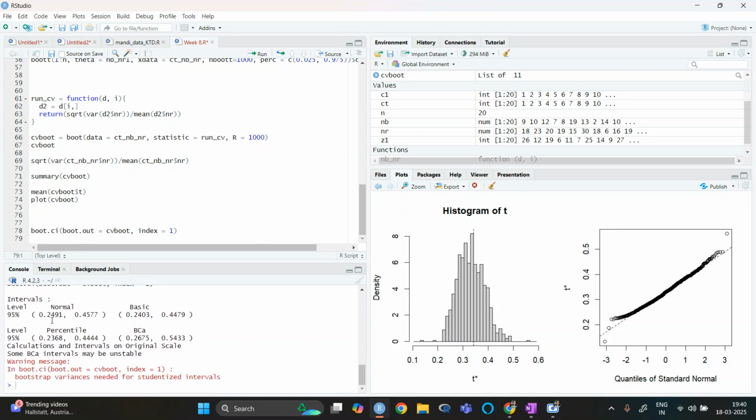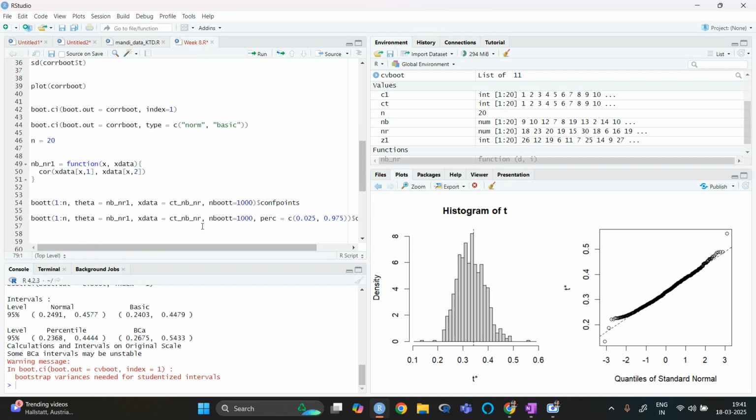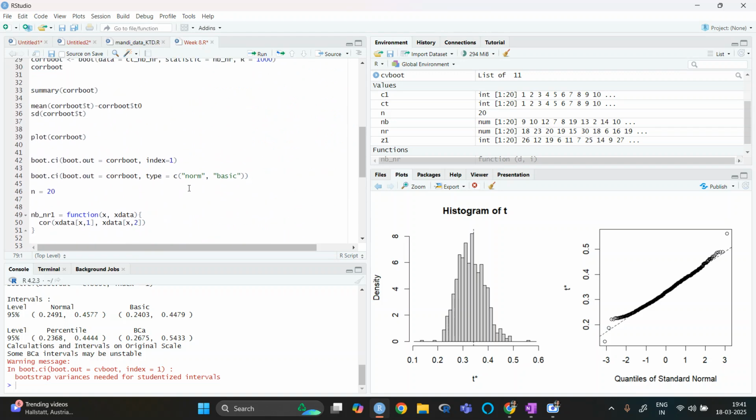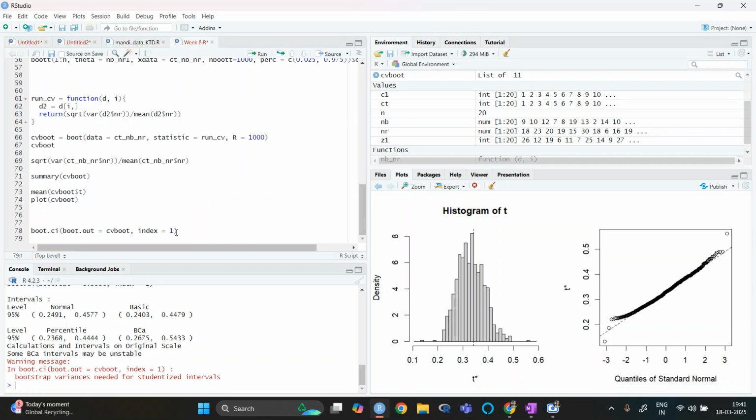If you want the confidence interval with the help of normal, basic, etc., then you can write the type. If you want all of them, normal, basic, percentile, and bias corrected, and it does not work for the t distribution, you just need to write index equal to 1. So it will cover all. Okay.